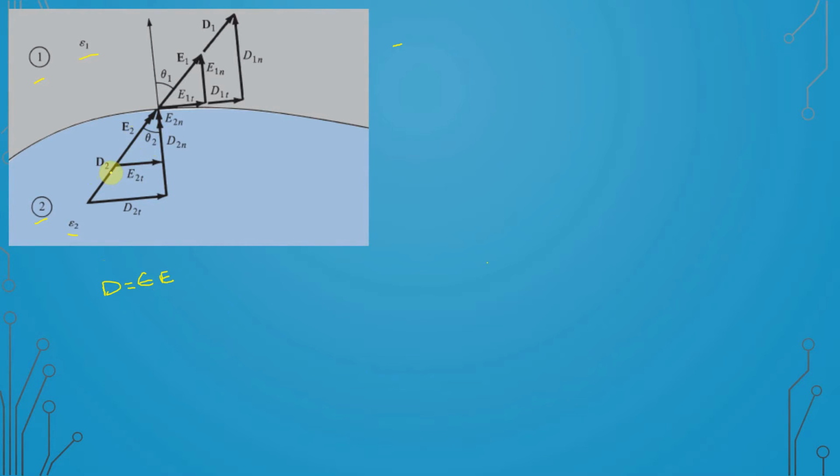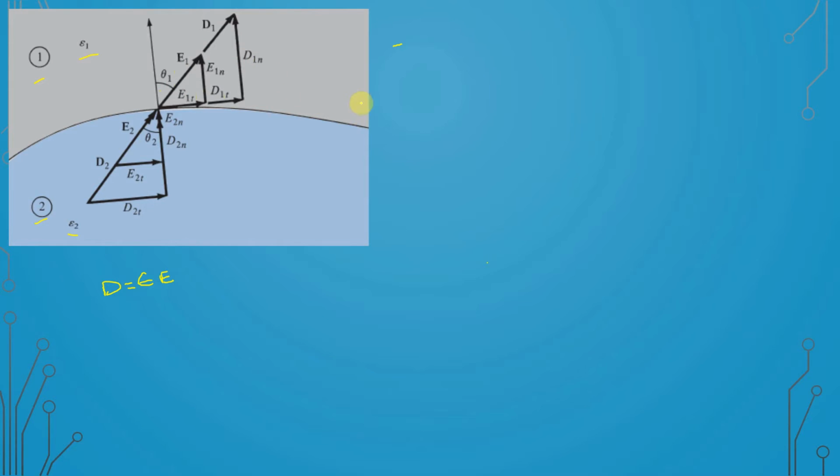So E2, D2 will be a combination of the normal component and tangential component, and E2 and E1 are making angles theta 2 and theta 1 with a normal to that interface.